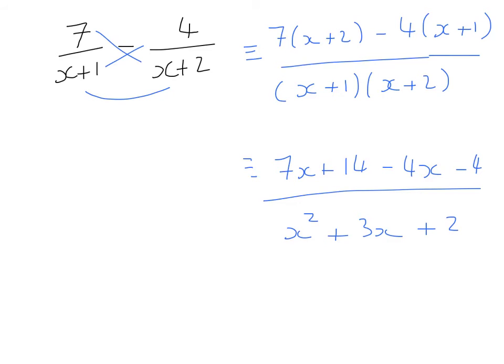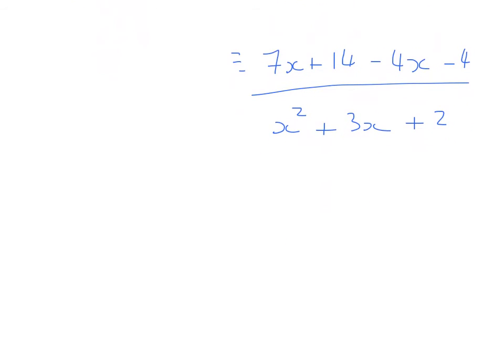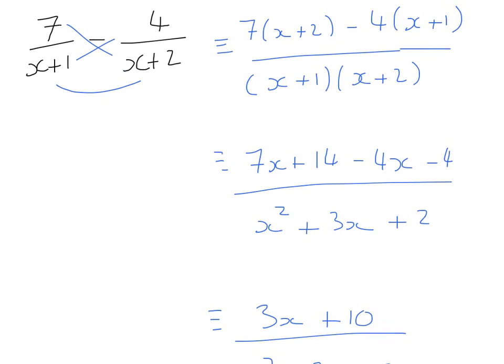We can simplify the numerator by collecting together some of the terms. 7x take away 4x is 3x, and 14 take away 4 is 10. And then on the bottom we have x squared plus 3x plus 2.